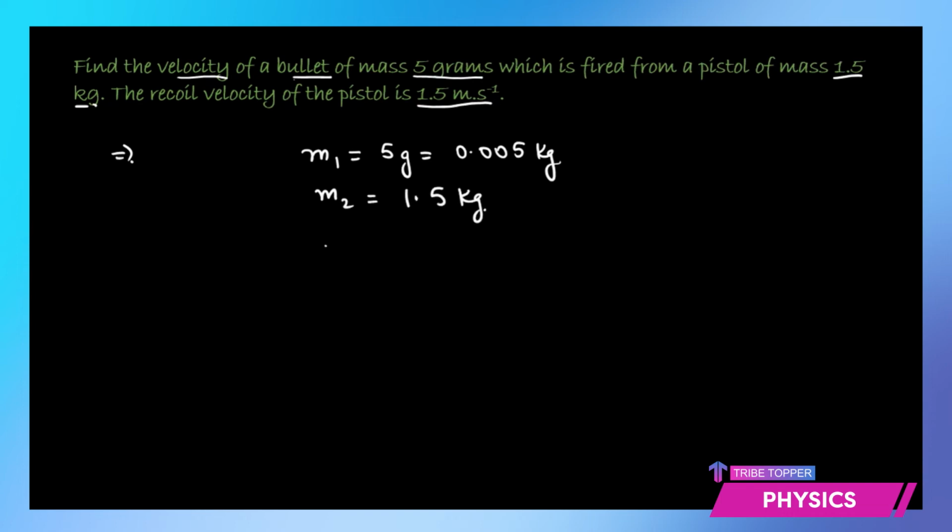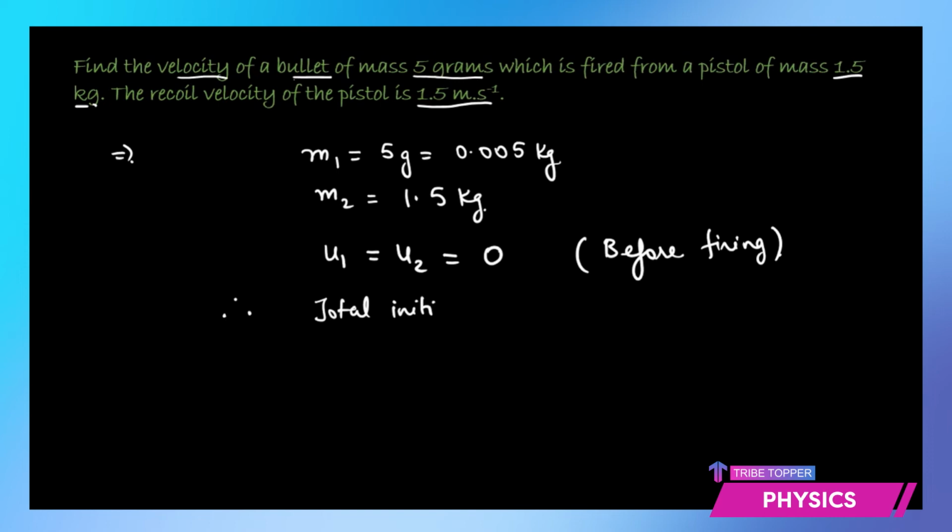What are u1 and u2 in this case? Before firing, both the pistol and the bullet are at rest, so u1 and u2 are 0. Therefore the total initial momentum Pi, which is m1u1 plus m2u2, is 0 because there was no velocity earlier. After firing, v2, the recoil velocity of the pistol, is given as 1.5 meters per second.